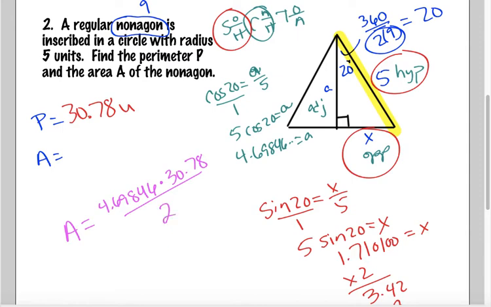There we go. So 4.69846 times 30.78 divided by 2 is giving me 72.3092994. So I'm going to say 72.3. And that would be units squared.